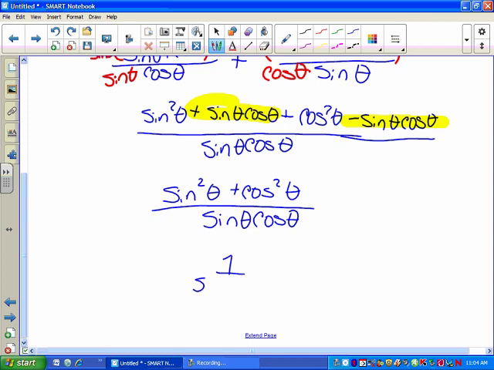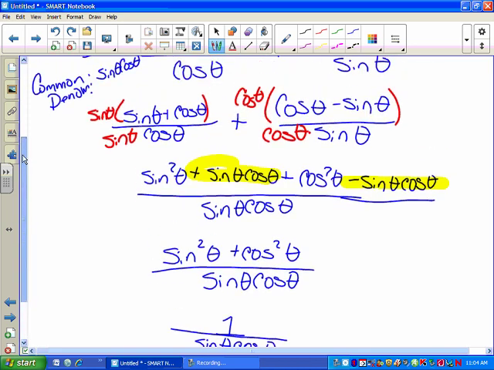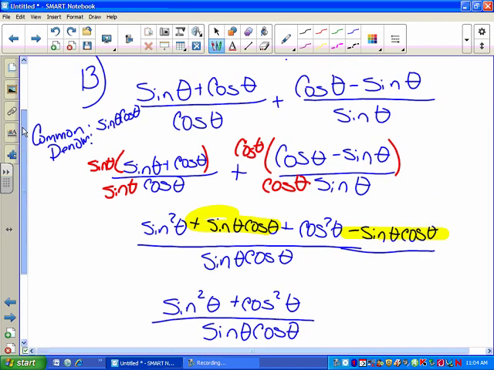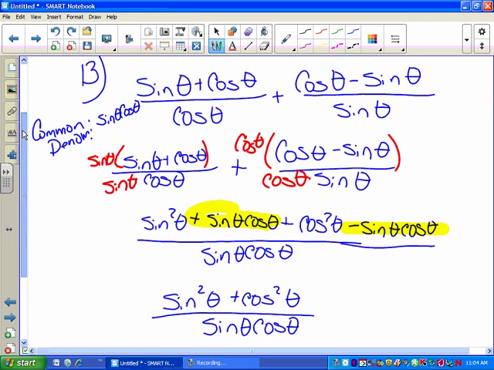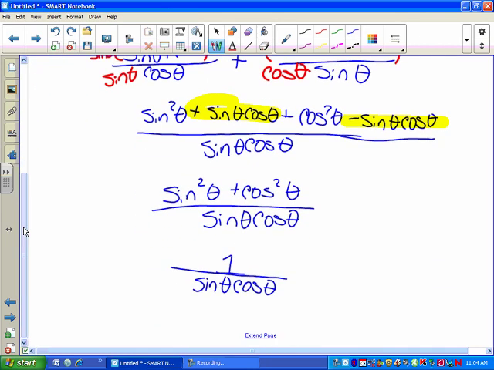So this is 1 over sine theta cosine theta. So that reduces all the way down. When I get common denominators, my original question, number 13, reduces all the way down to 1 over sine theta cosine theta. You try number 14 now by yourself, and then move on to tactics number 4 and 5 in the next video.